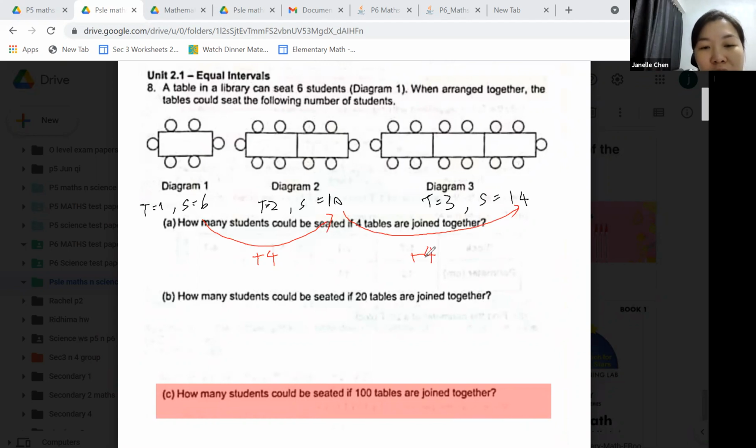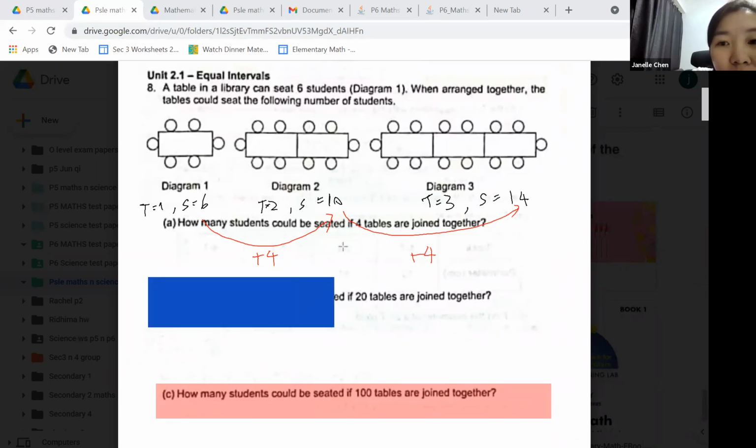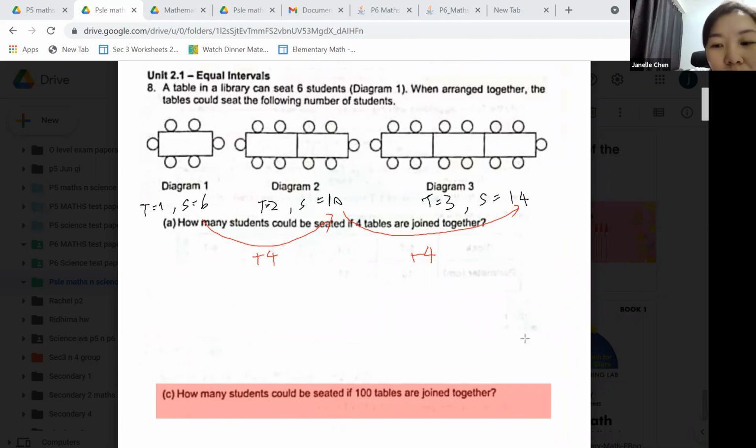So for constant differences, what we can actually do for the n term is that it's quite easy to find the n term. So what do I mean by n term? Normally for n term, what we will actually do is that we let the figure number be n, or it can be any alphabet.